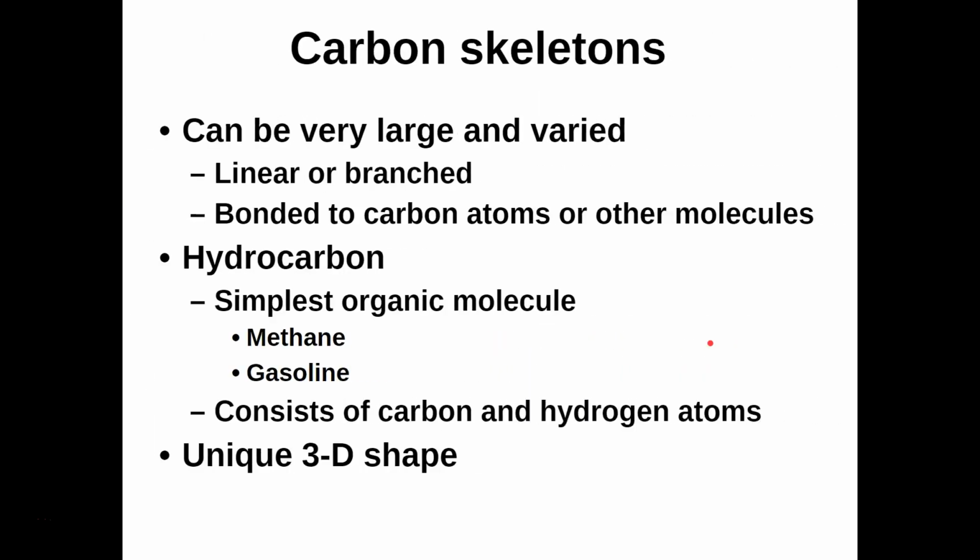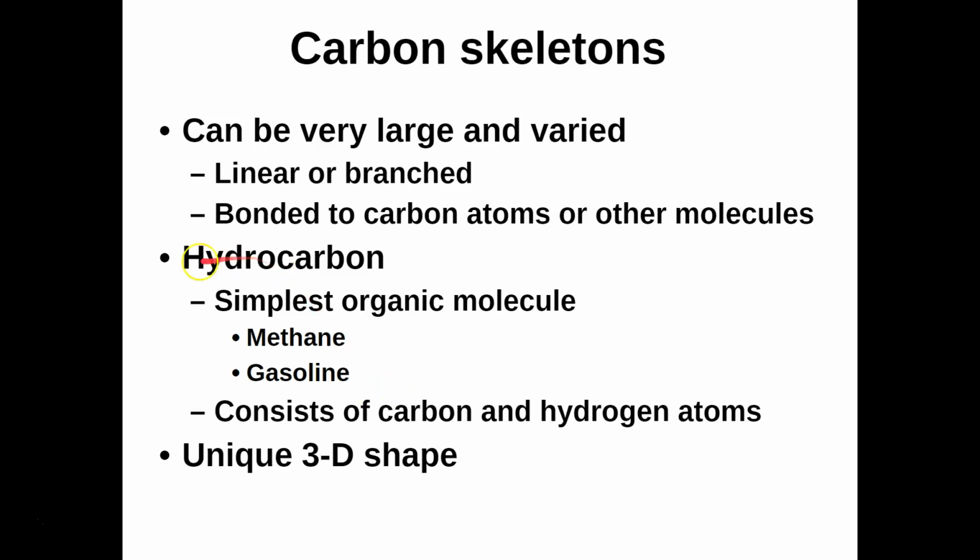So, like I was saying, they can be large and varied, they can be linear, they can be branched, they can be bonded to carbon atoms themselves. So carbon can be bonded to carbon, or it can bond to other molecules or other atoms.